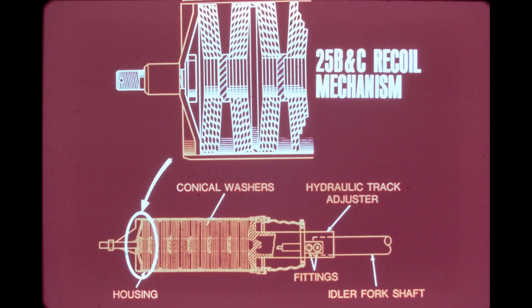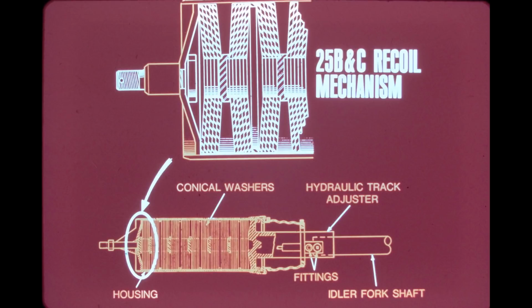This conical spring mechanism requires no lubrication or gas charging, as do most competitive designs. Integral with the recoil mechanism is the hydraulic track adjuster, a simple hydraulic cylinder which can be adjusted by adding or relieving lubricant to give proper tension on the track chain.